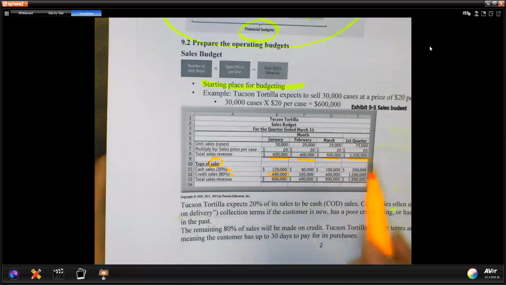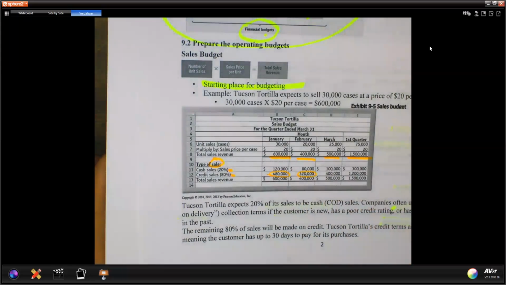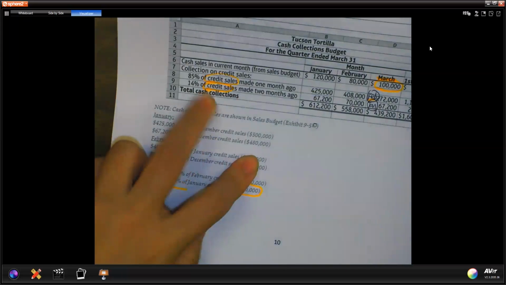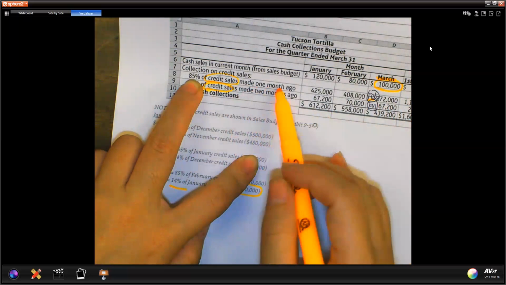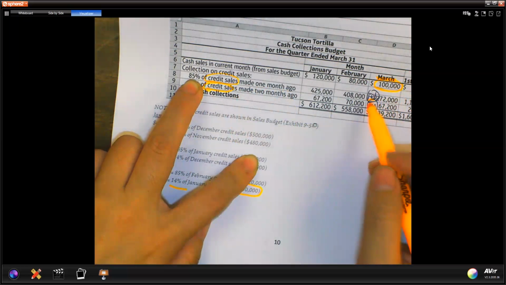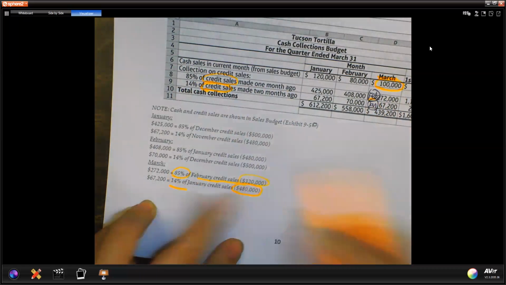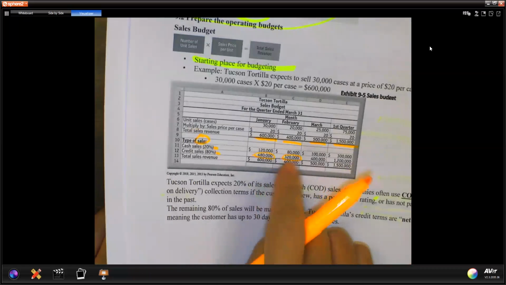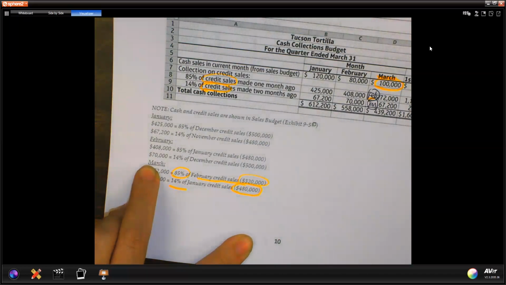Our February credit sale is 320,000, so 85% of February credit sales, 320,000, will be collected in March.